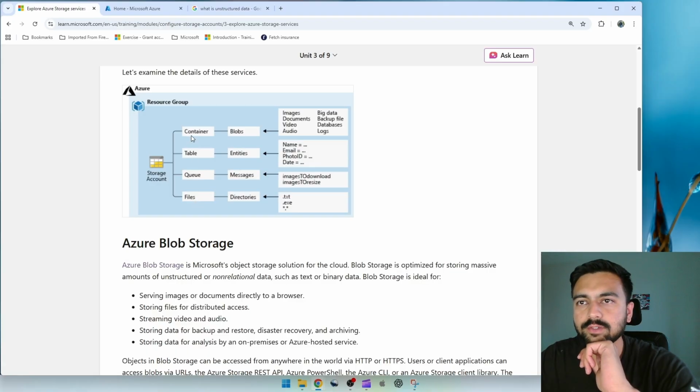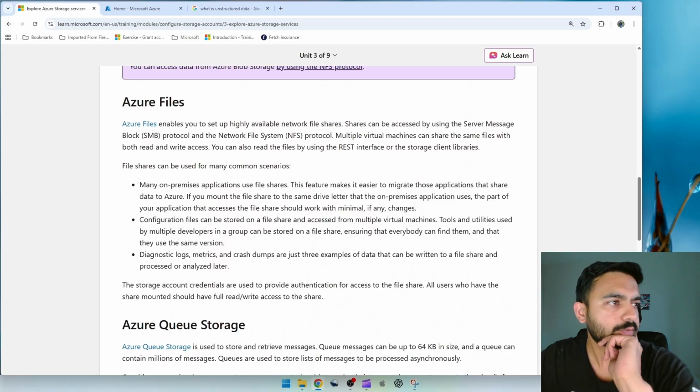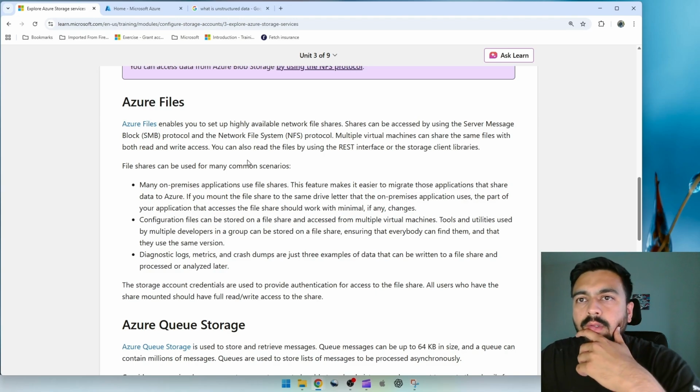Azure Files. So we learned the first one, containers slash blobs: files, .txt, .exe. Azure Files enables you to set up highly available network file shares using the Server Message Block protocol.